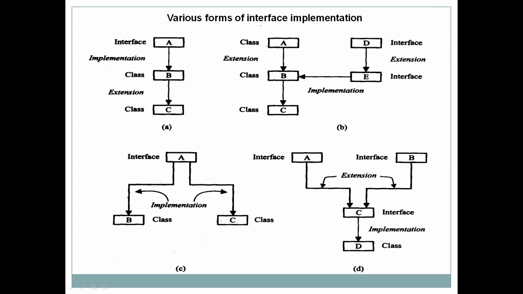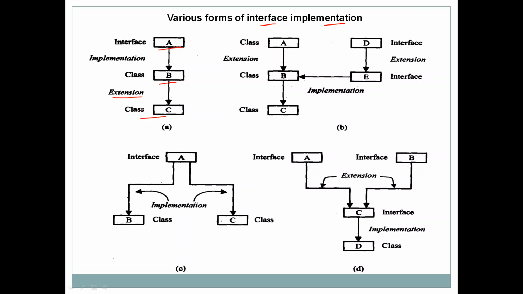Various forms of interface implementation. Now, there are various ways in which an interface can be inherited. These diagrams explain the different ways in which an interface can be implemented. In the first case, we have two classes, class C and class B, and one interface, interface A. Class C is inheriting from class B. The word used here is extension.